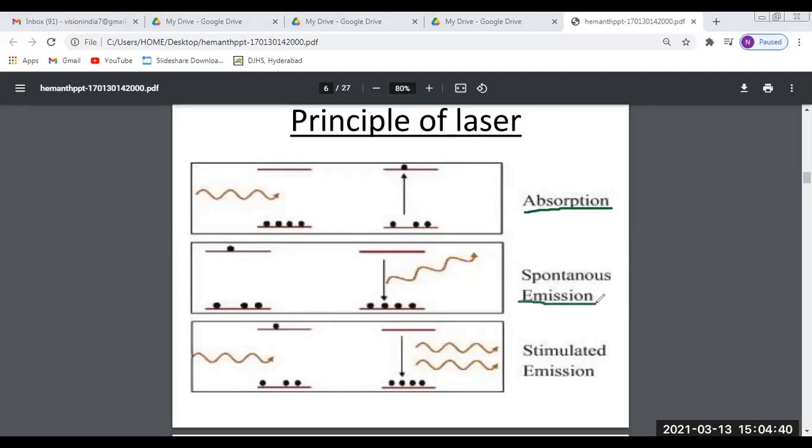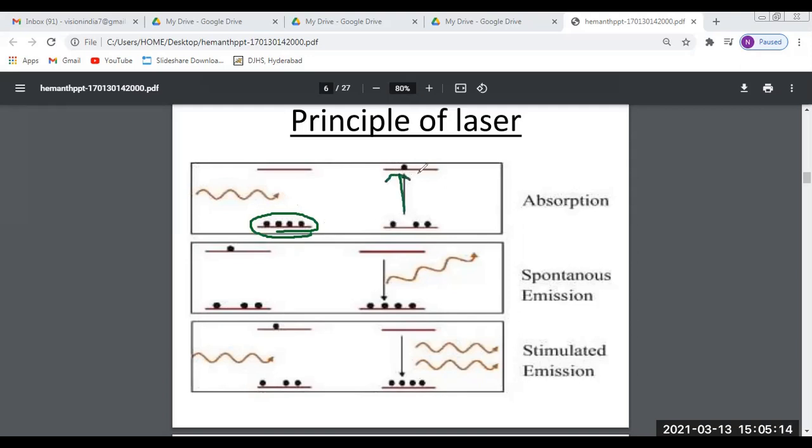When we discuss absorption, let us consider two energy levels in which the atoms are residing at the ground state. You can see four spheres, which are the atoms in the ground state. When light radiation, shown in wave form, interacts with the atoms in the ground state, the atoms are excited to the higher energy level.